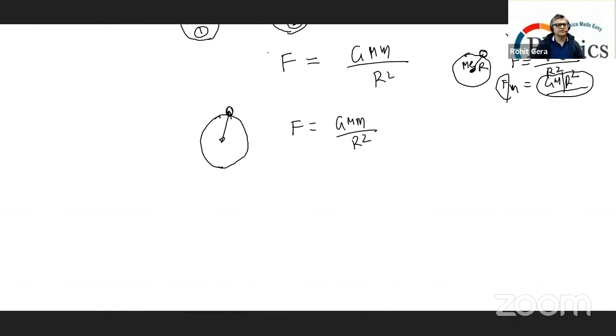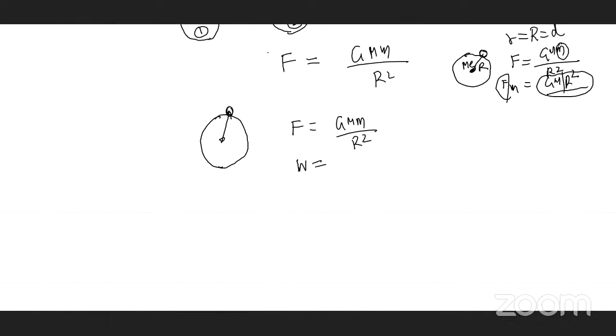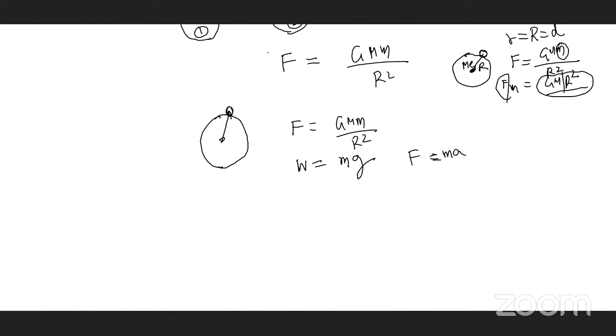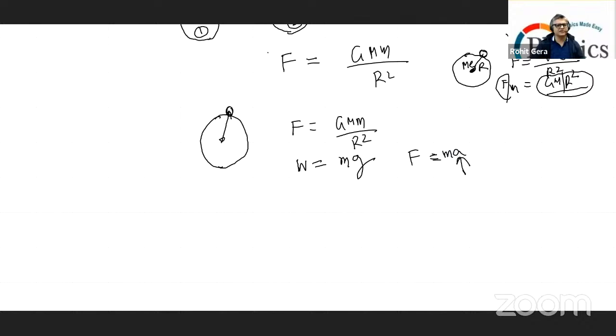ठीक है? Okay. Now, what is the weight of this mass, small mass, in terms of acceleration due to gravity? mg, ma. Force is also written as ma. ठीक है? g is the acceleration due to gravity on the surface of Earth.